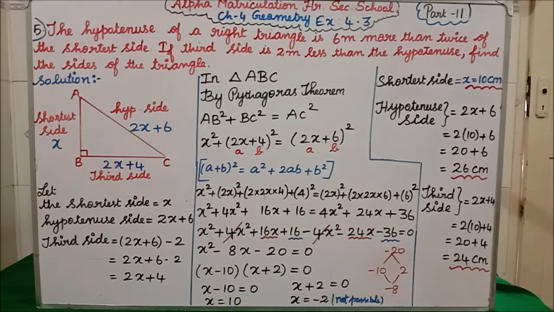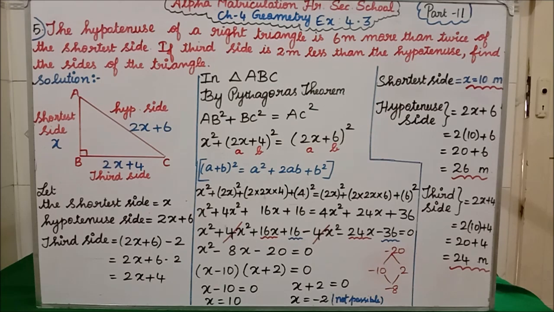So 2x plus 6 minus 2: 6 minus 2 is 4, so the third side is 2x plus 4. Clear up to this, students?